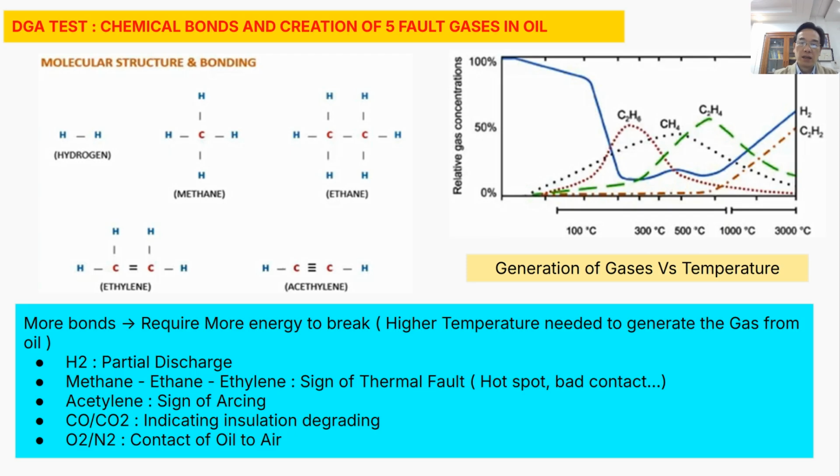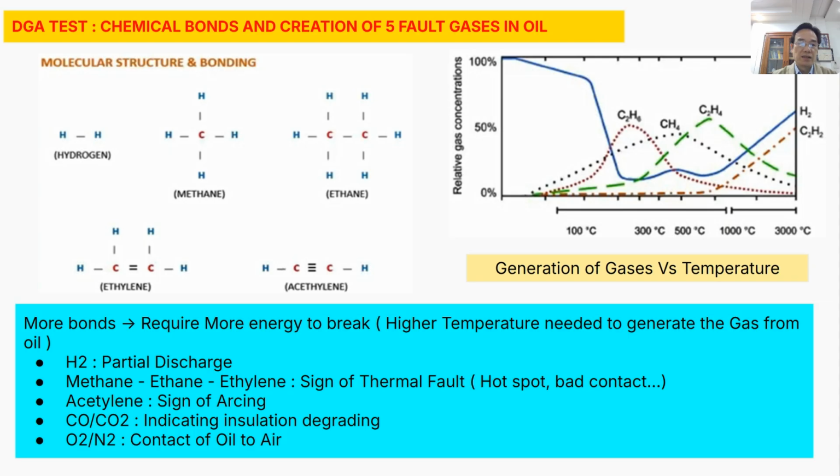Okay, so in detail, what gases are generated in the oil for DGA, for indicating the faults in the transformer? Here, typically we have five gases generated by oil and existing in oil at ppm level.